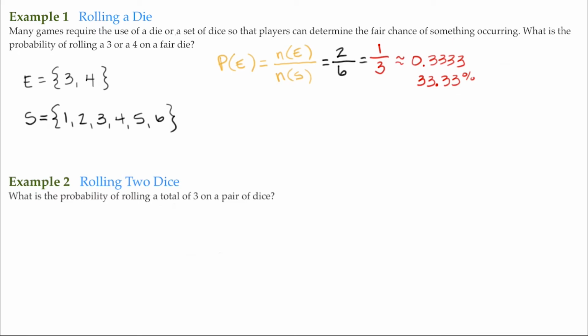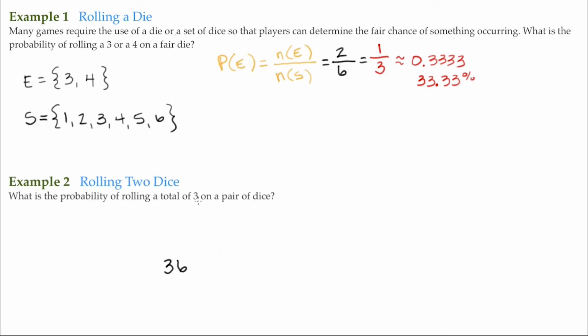Now for the next example, rolling 2 dice. What is the probability of rolling a total of 3 on a pair of dice? So as you recall from our dice table, there are 36 possible outcomes when you roll a pair of dice.